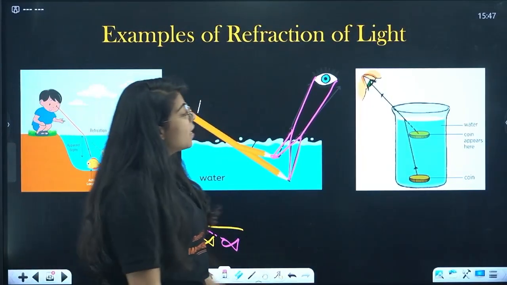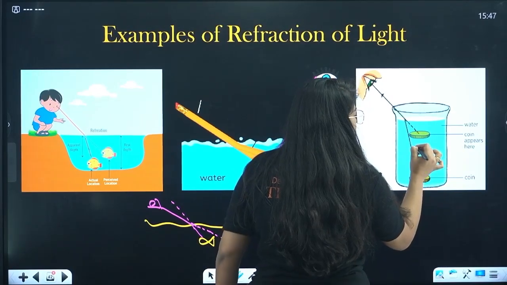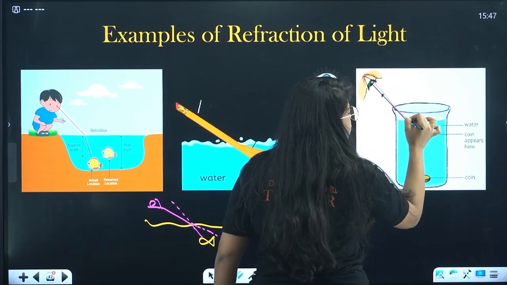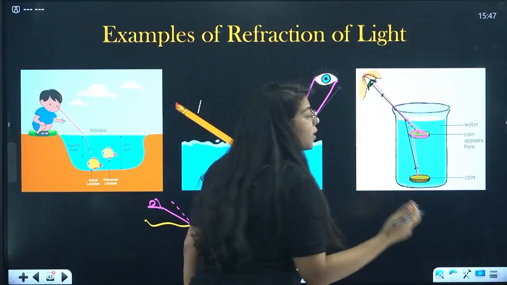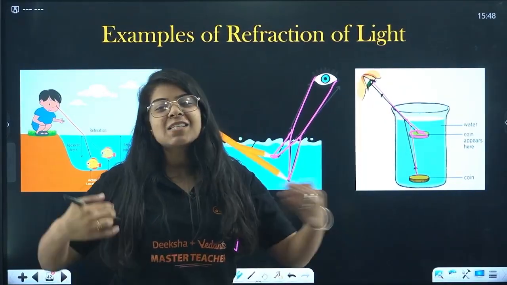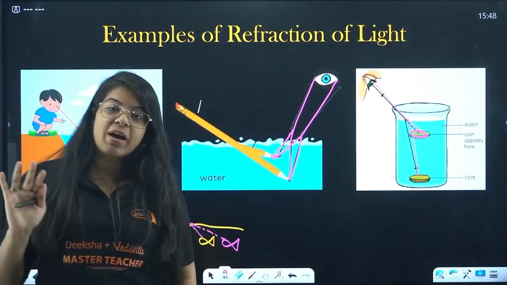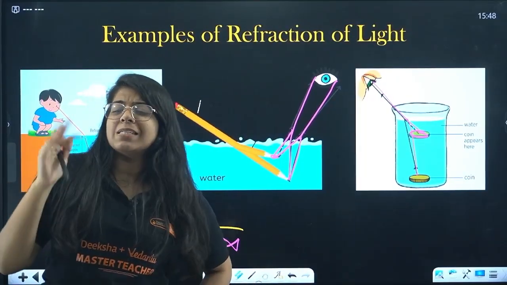Done. Similarly, we have a coin. It looks like the light is coming from this coin and it is getting bent, so it looks like the coin has risen above in the water. Done. These are some basic concepts, so they can ask you a question on this. That's why I'm trying to fit these into your brain.